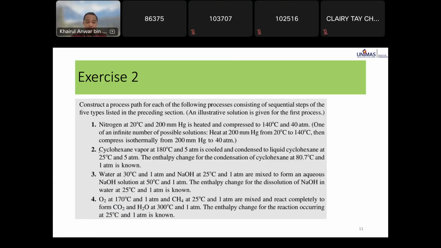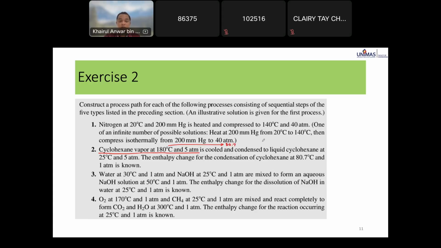So the first step is this one. We reduce the temperature first to 80.7. Next, at this temperature, the pressure is still 580 M. Since the enthalpy change of condensation is at 180 M, we need to reduce the pressure to 180 M. So this one is delta H2.